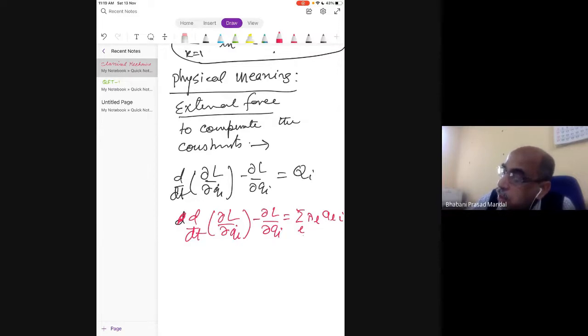So this quantity, which has the Lagrange multipliers, is now compared to the generalized force.